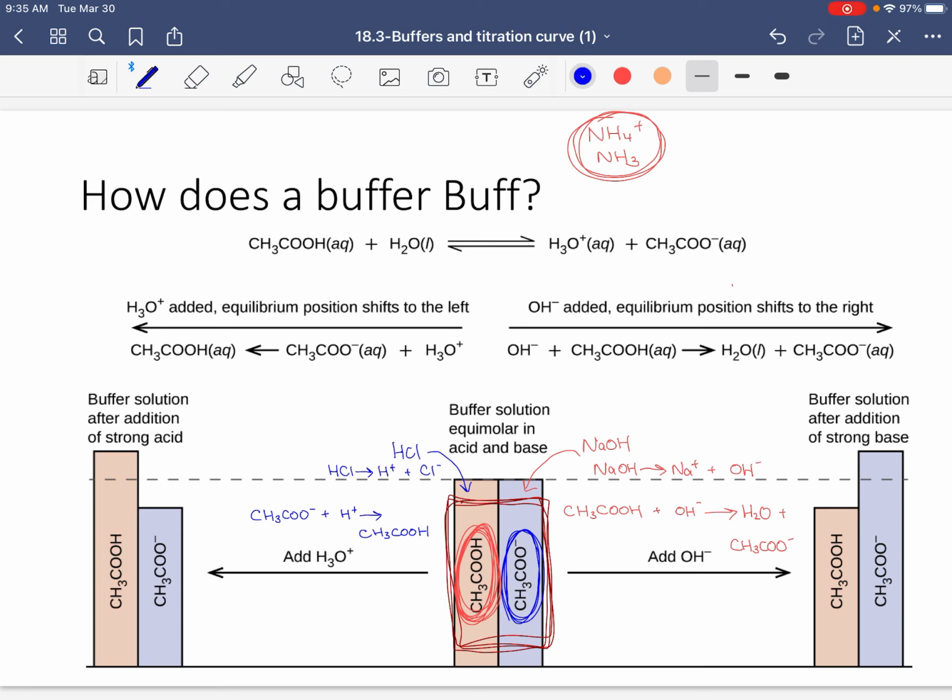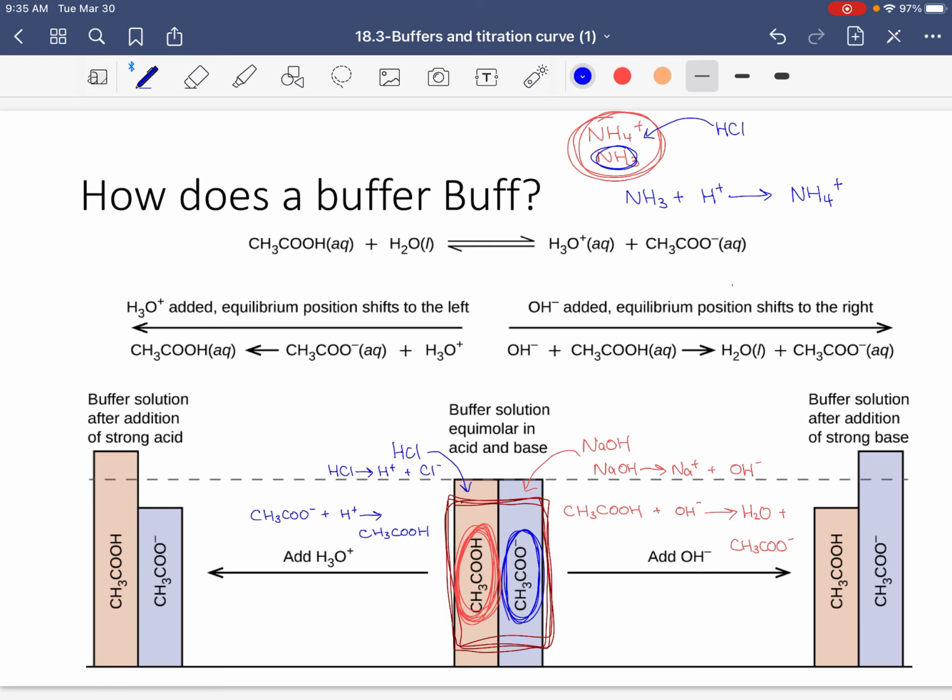Okay, let me just use some color. If for some reason you add some acid in there, okay, so obviously what you're dropping in there is H plus, then NH3 will come into play because NH3 will say, hey, H plus, let me take you away to make myself NH4 plus.